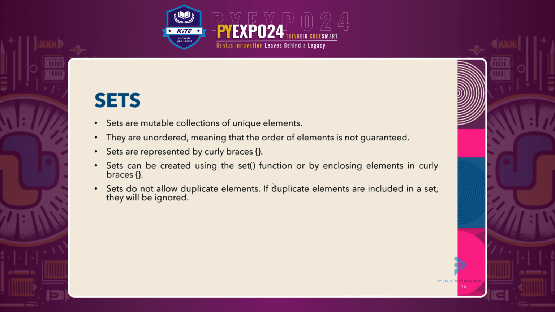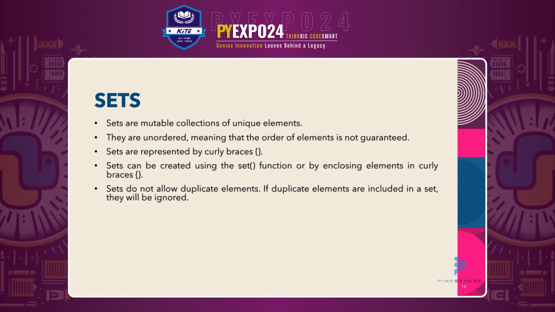Sets are mutable collections of unique elements in Python. We cannot have duplicate values in sets. Sets are represented by curly braces and they are unordered, meaning that the order of the elements is not guaranteed.